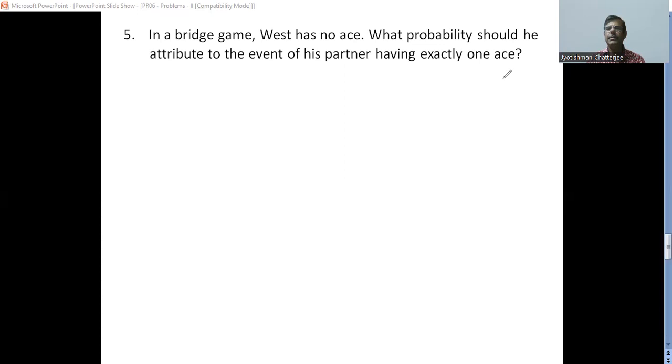So here are the players: North, East, South, and West. West has got no ace.